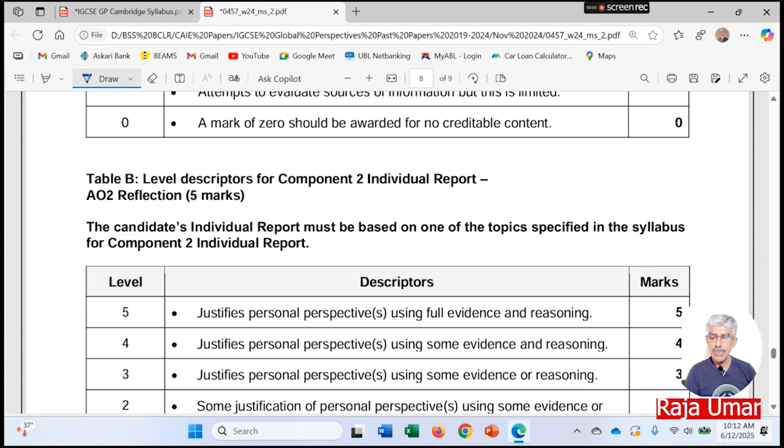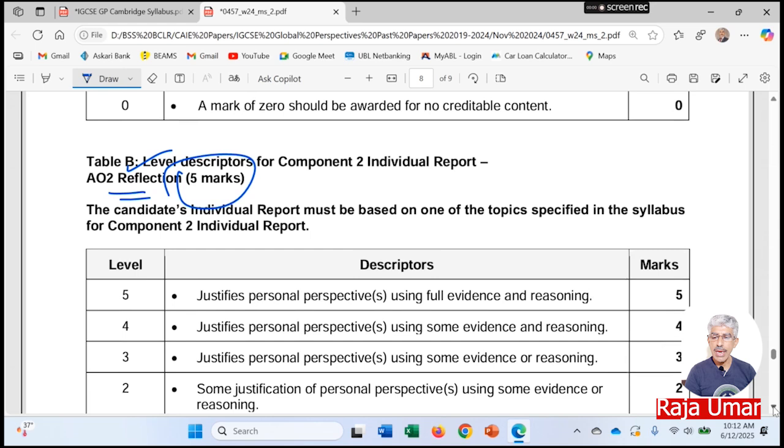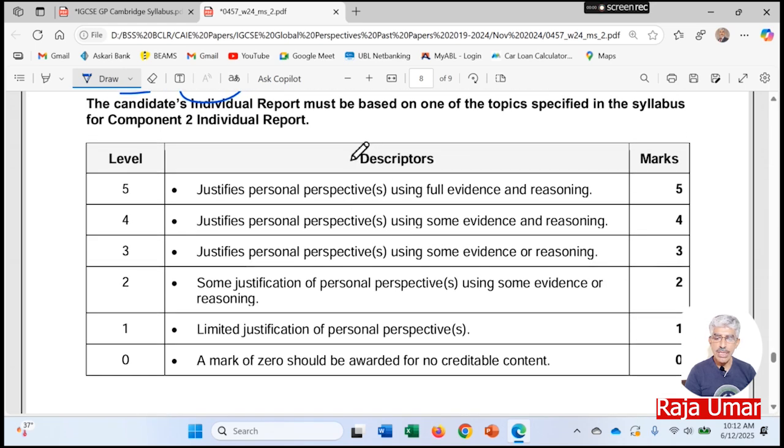That is the assessment objective 2, that is reflection. 5 out of 5 will be given if you are at the top level: justifies personal perspective or perspectives using full evidence and reasoning. If you explain your own personal perspective well, giving some evidence or examples, with the help of good reasoning, you will be awarded 5 marks.